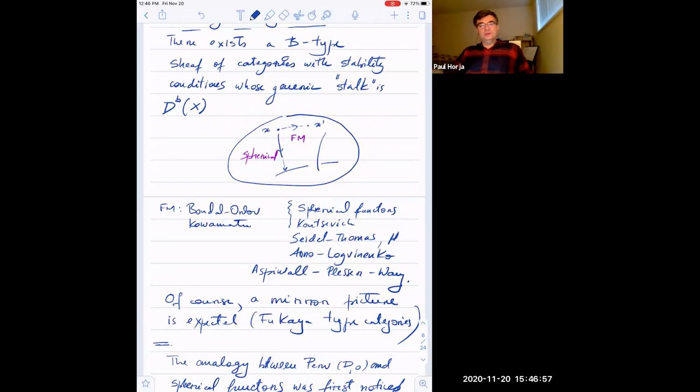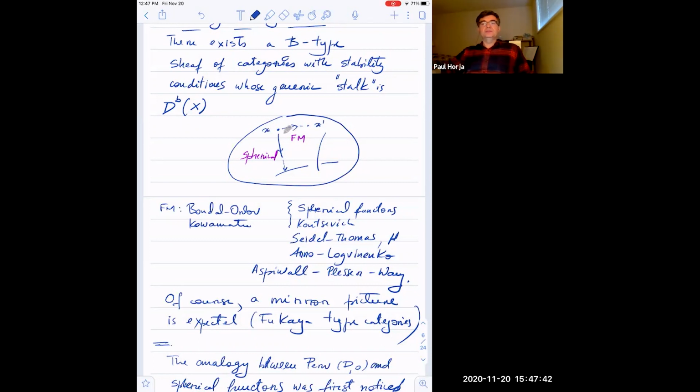We expect everything I'm saying here to have a mirror part. The generic stalk is made of, these are called the B-branes in physics, the bounded derived category of coherent sheaves, so that if one moves around in this yet to be defined moduli space, the yet to be defined Schober will have the property that if you move in the smooth part, you will get something categorically which is given by a Fourier-Mukai functor.